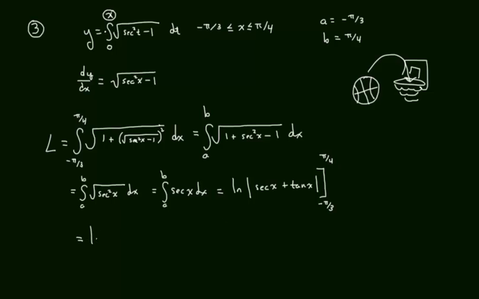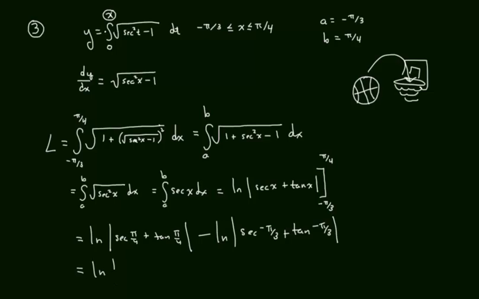So I'll use the fundamental theorem of calculus part 2, and I'll have the natural log of the secant of pi over 4 plus the tangent of pi over 4, minus the natural log of the secant of negative pi over 3 plus the tangent of negative pi over 3.